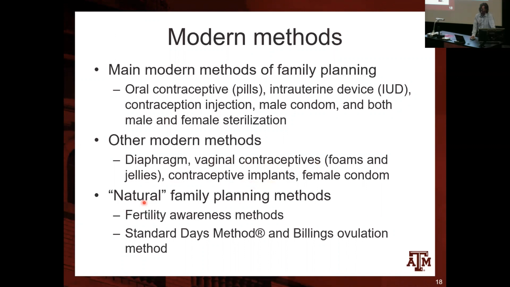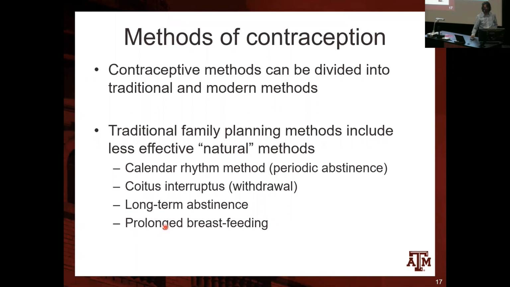And also we have these natural family planning methods: fertility awareness methods, the standard days method, and the Billings ovulation method. They try to follow the ovulation of women, and it's a little bit more efficient than periodic abstinence.